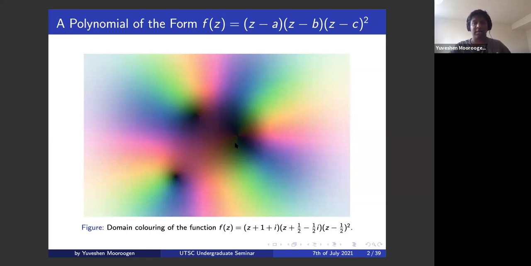I can tell you that it has 3 distinct roots, that all of its roots are actually represented on this picture, and that one of the roots is repeated. So hopefully by the end of the presentation, you'll be able to read off this kind of information off of domain coloring plots, for polynomials at least, just as easily.